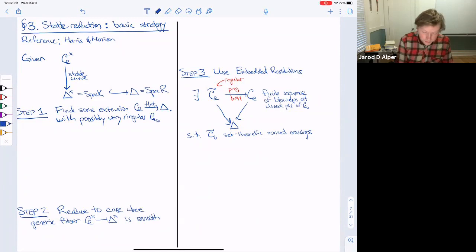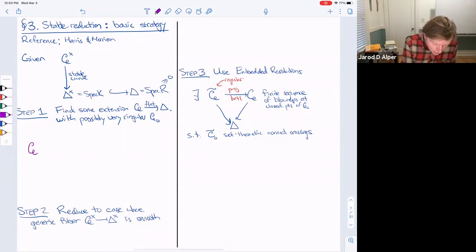So 0 always is going to denote the unique maximal ideal of R, the DVR, like the closed point of spec R. Right, so what we do is, you have C star over here, and you can just take the embedding of the relative dualizing sheaf. That embeds you into some large projective space over the fraction field.